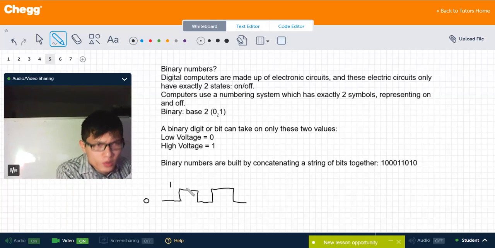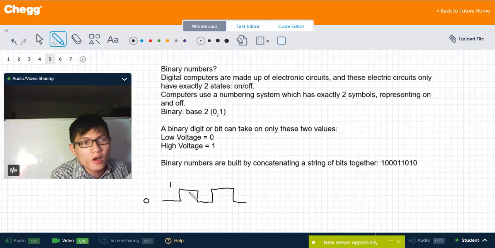And then you can also think of it as a switch. When you turn on and off the switch, if you turn on the switch, it can represent high voltage or level 1.